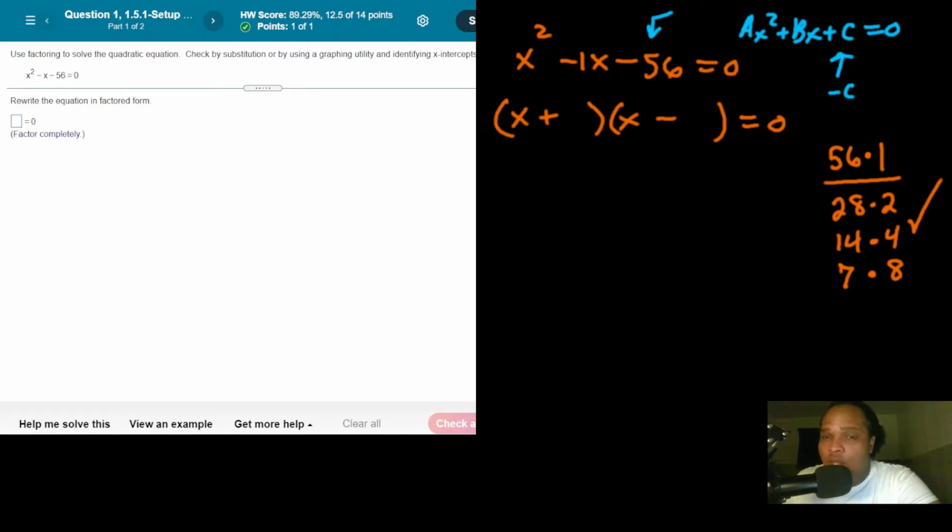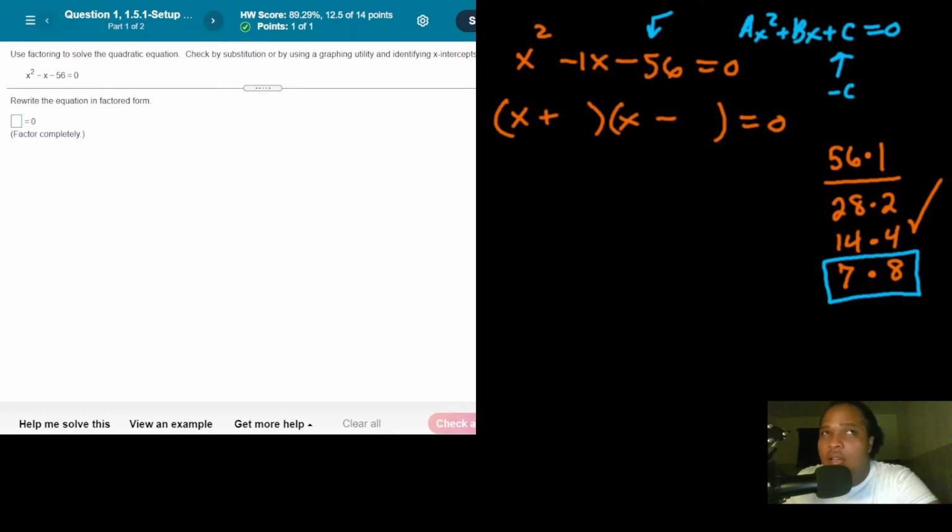So which one do we use? We have to subtract them in order to get a -1. Which one of these, when you subtract them, would give you a -1? It has to be 7 and 8, right? Okay, we know 7 and 8 is going to make a 1, but which one goes where? Well, looking at the equation, we have a negative in the middle.